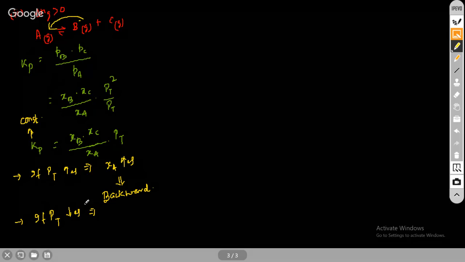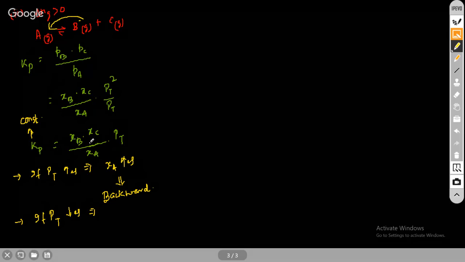No, Niranjan, we cannot say that if Pt decreases, then Kp decreases. Kp has to be constant. Kp depends only on temperature, so with pressure this value will not change. We have to maintain the value of Kp, so if the numerator is decreasing, the denominator also decreases, and that maintains the ratio.